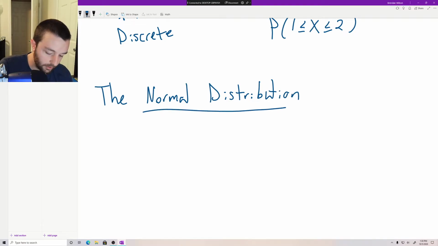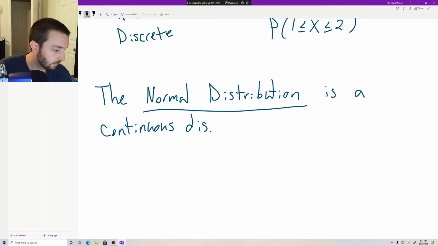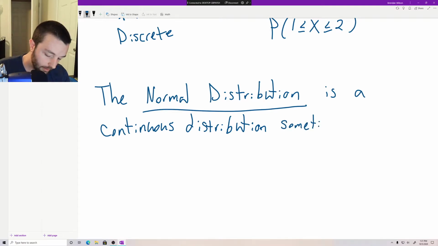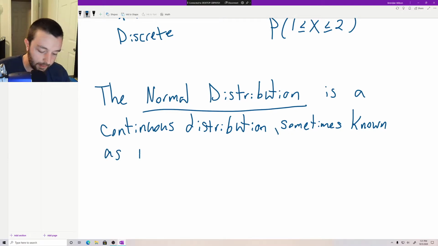So the normal distribution is a continuous distribution sometimes known as the bell curve.